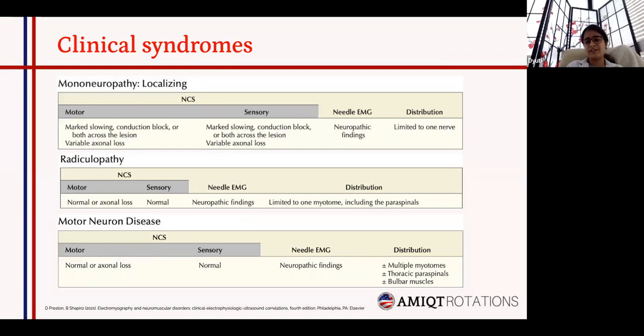Okay, so once we can recognize the abnormal pathological process on a nerve conduction study and EMG, then on the basis of the distribution of these abnormalities, it's easy to come to the clinical syndrome.